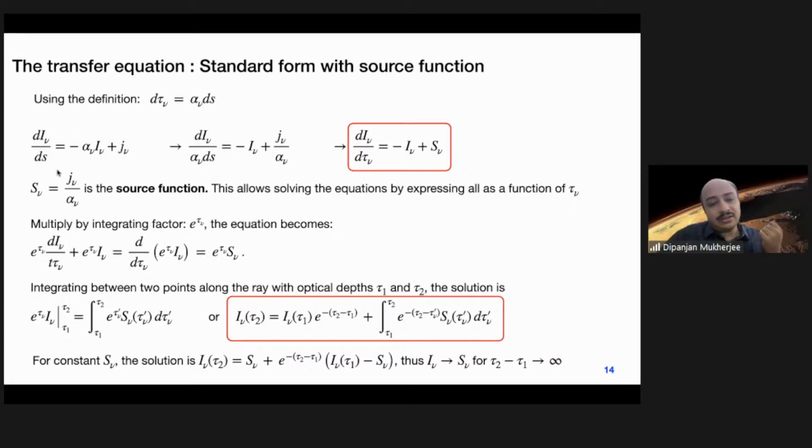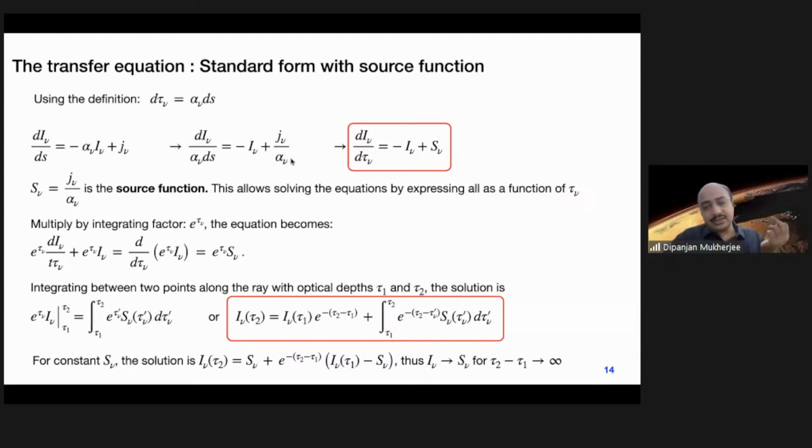So this is the basic starting equation of radiative transfer, the time-independent radiative transfer. What we do next is take the alpha nu, the absorption coefficient, and divide it on both sides. So on the left-hand side, we have d I nu divided by alpha nu ds. And on the right-hand side, we have minus I nu plus this term, which is the ratio of the emission coefficient to the absorption coefficient.